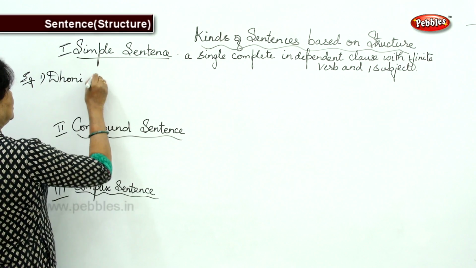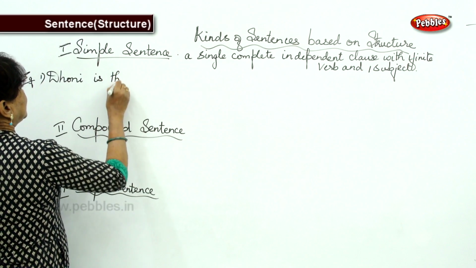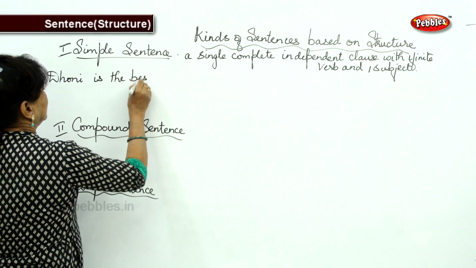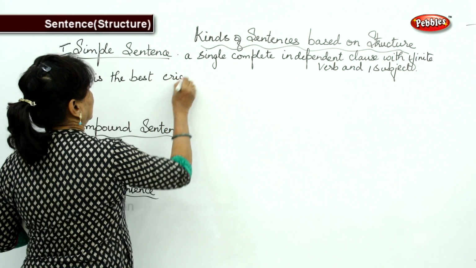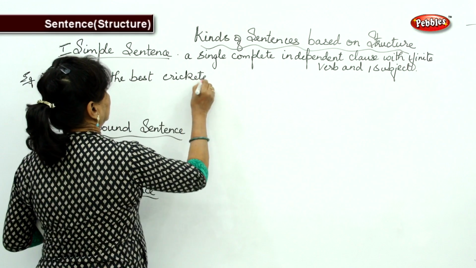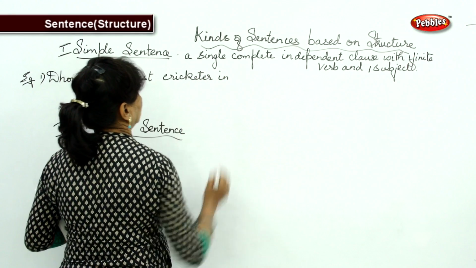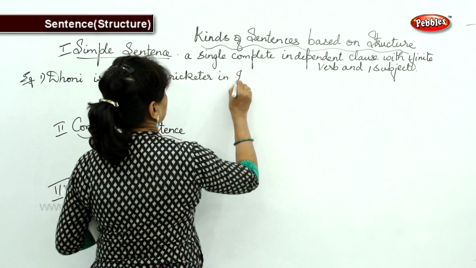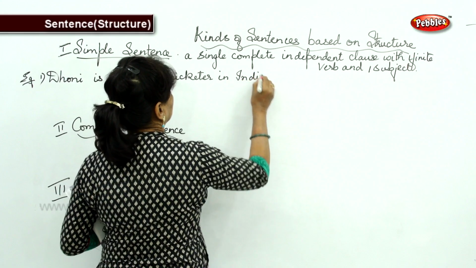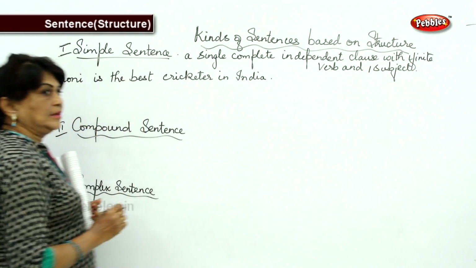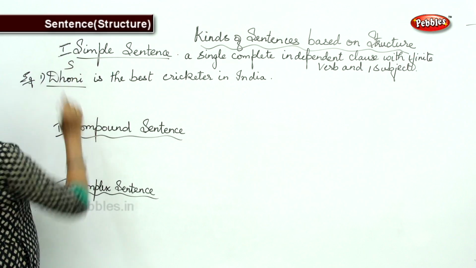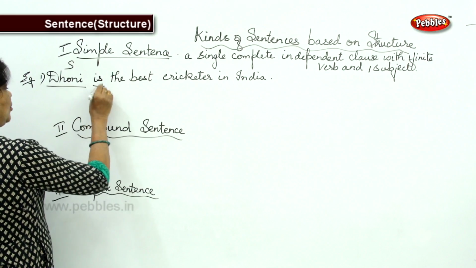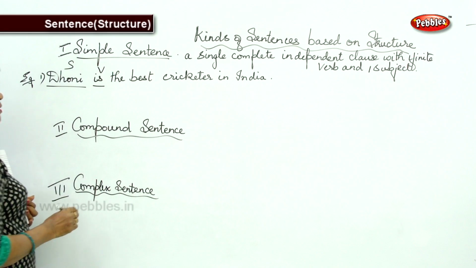Dhoni is the best cricketer in India. If you see, Dhoni is the subject, and you have only one finite verb.